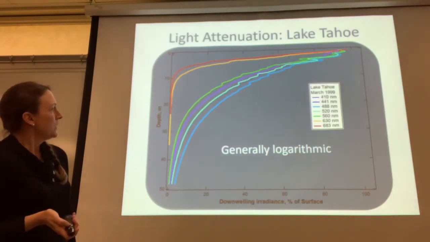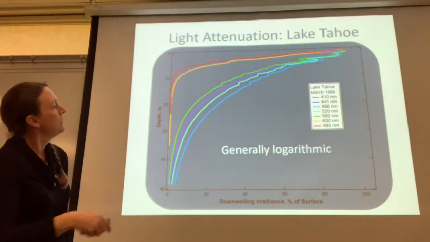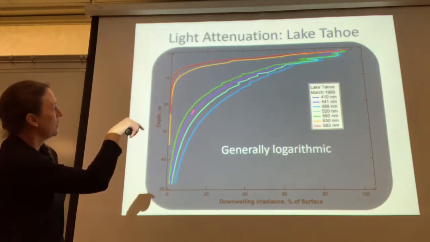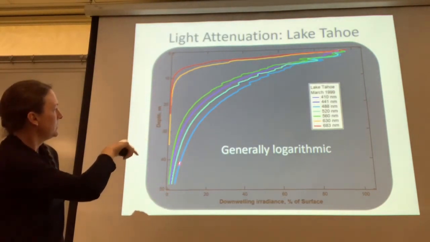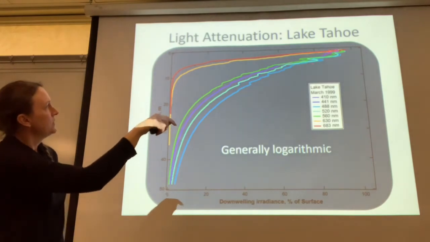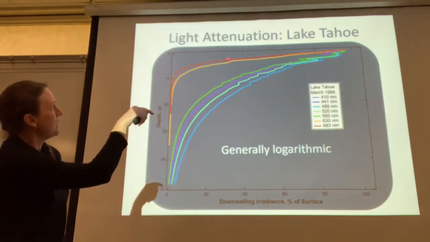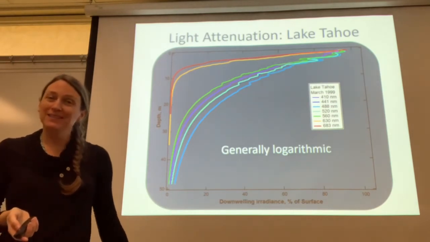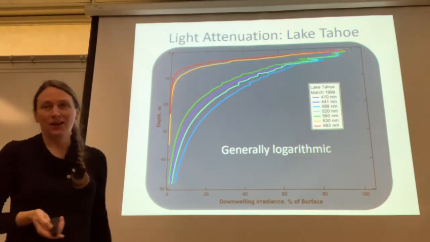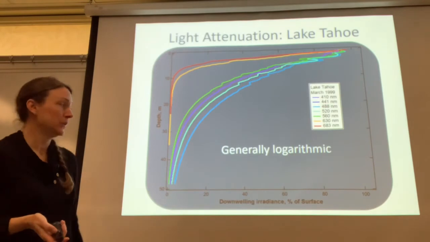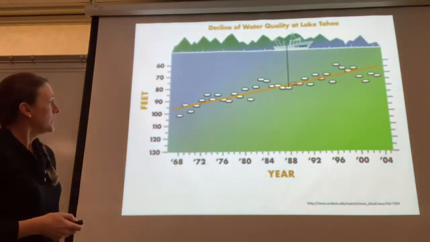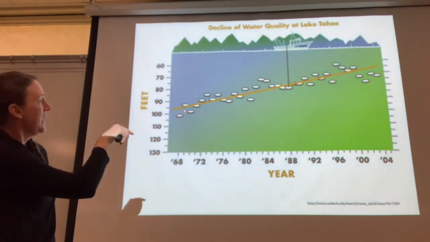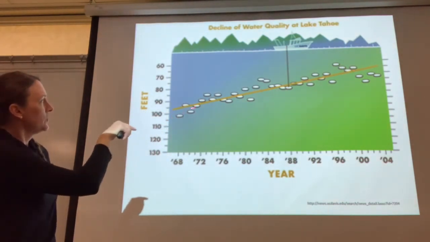And so here's some pictures of Lake Tahoe and different wavelengths of light and their attenuation curves. You can see most of these wavelengths are generally logarithmic, but you can see that the red and orange light is lost much faster than the blue light. And this is partly why Lake Tahoe and Crater Lake are so blue when you look at them. You can also see that the distance, the Secchi distance, has changed considerably over time.